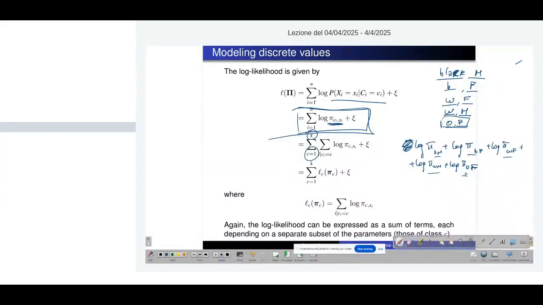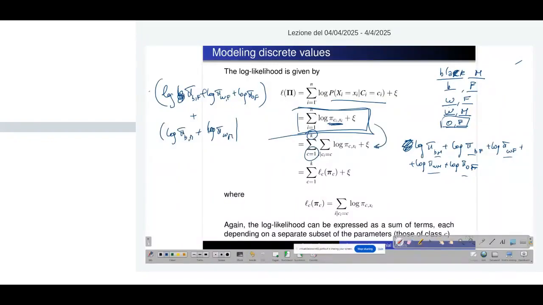So, for example, I write log pi black female, plus log pi white female, plus log pi orange female, this is a first sum, plus a second sum, log pi black male, plus log pi white male. This is what I'm doing in this passage.